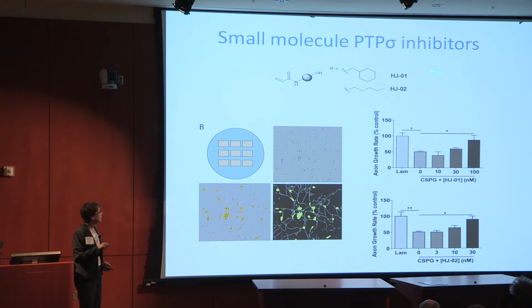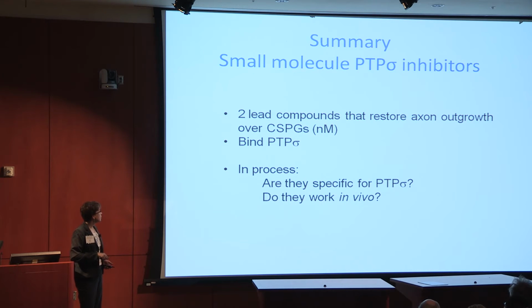And then this other compound at 30 nanomolar restores growth back to control levels. And if we add 2 more carbons on the end of this, it's completely dead. It doesn't do anything. So we have these 2 compounds. They both can fully rescue sympathetic growth at nanomolar concentrations.